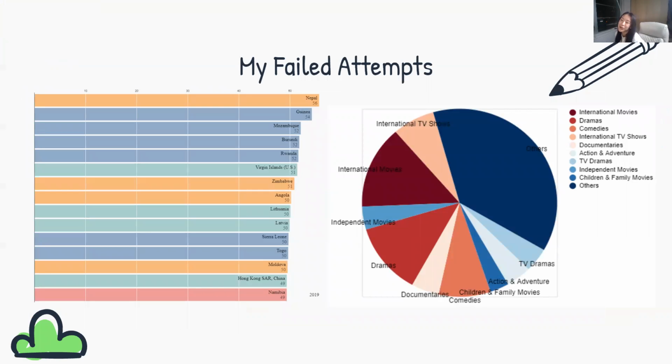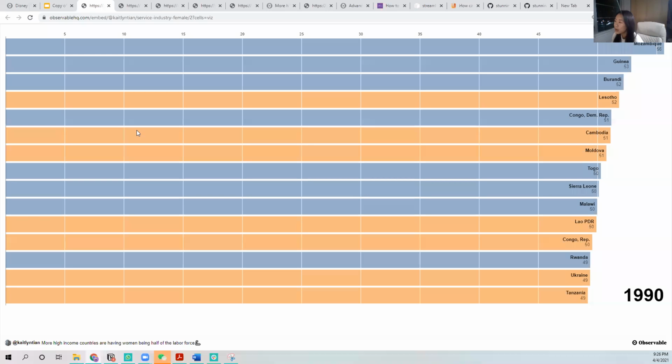And in this slide, I just want to show some of my failed attempts earlier in this class as data science homework. The first one is a visualization I did for the female labor force in different countries.